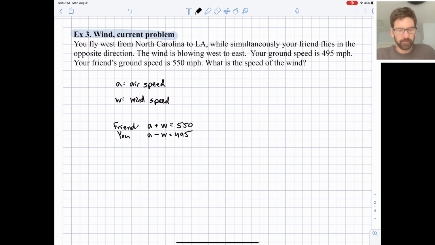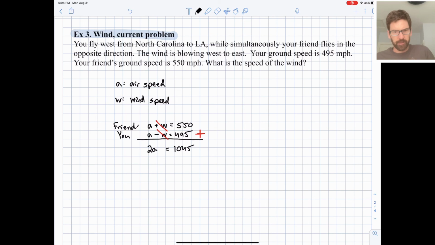This is a classic case of where we can use elimination. It's set up so nicely. You can see that these W's are going to cancel if we just add these two equations together. And so we will get 2A is equal to 550 plus 495, which is 1045.